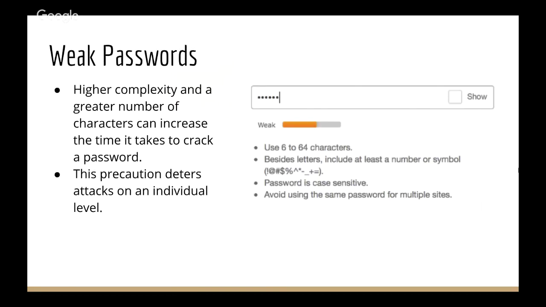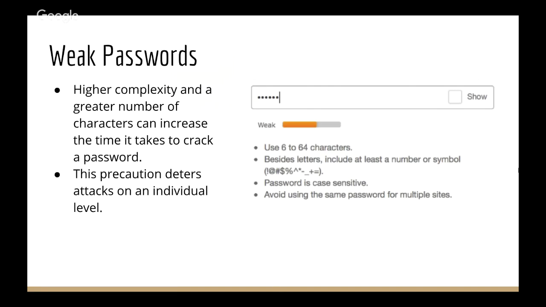So as Ben was saying, one thing that can make a brute force attack more successful and a lot faster is if users are using weak passwords.